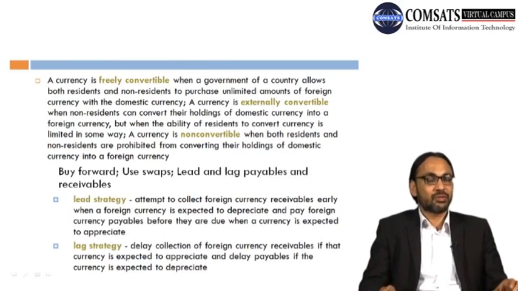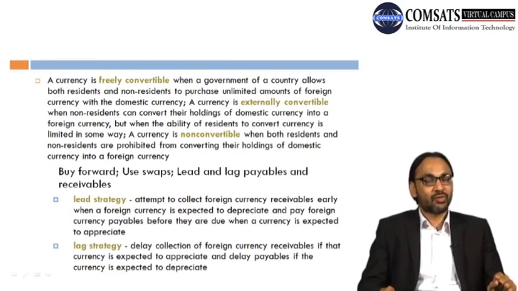In an externally convertible environment, only non-residents are allowed to convert the local currency into the foreign currency. A non-convertible situation is when neither residents nor non-residents are allowed to convert the local currency into the foreign currency. These are three different sorts of currency environments.